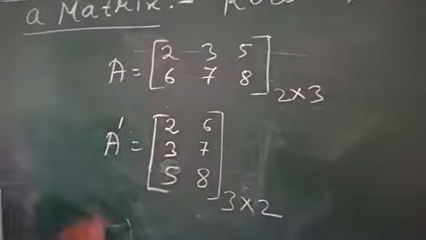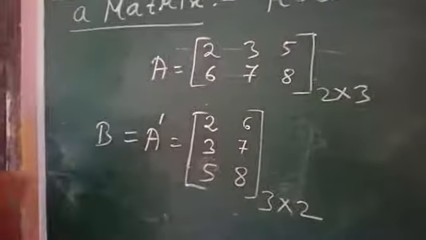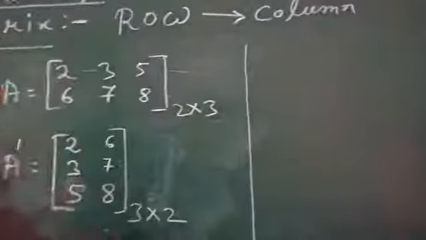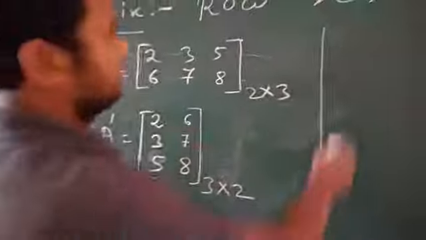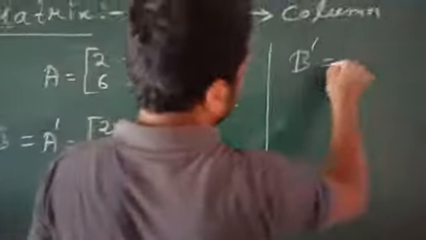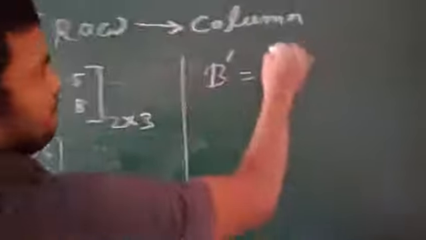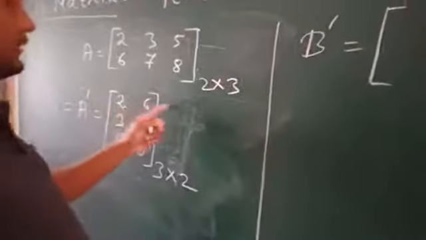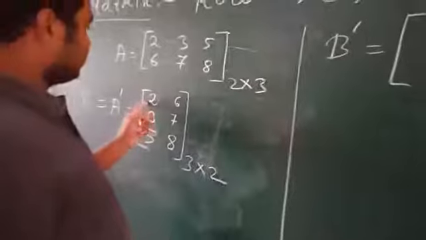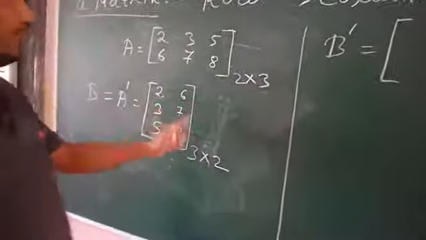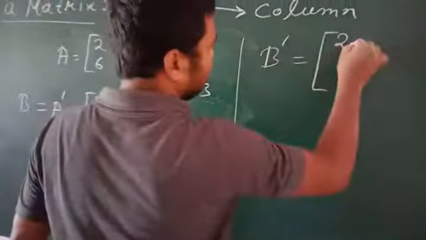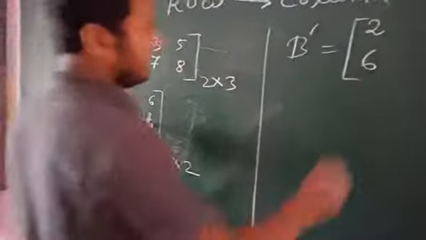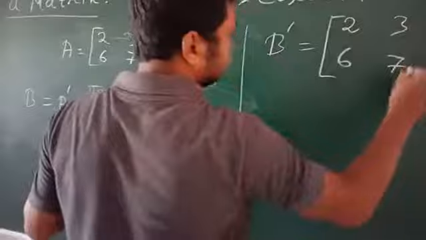Now suppose this matrix we write as B. Then again if I find out B transpose, this is the first row of B, 2, 6. So I will write it as column 2, 6. This is the second row, I will write it as column.